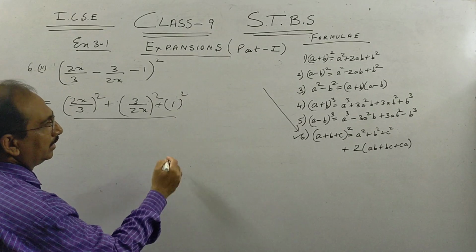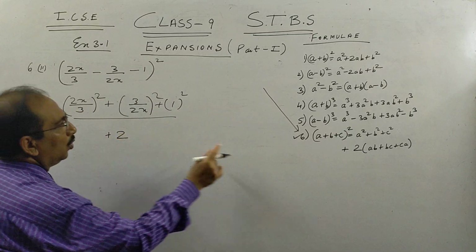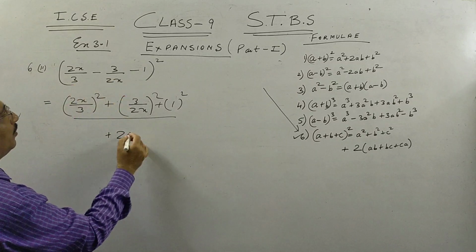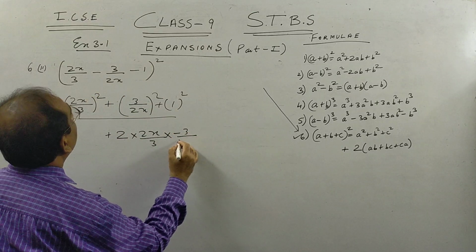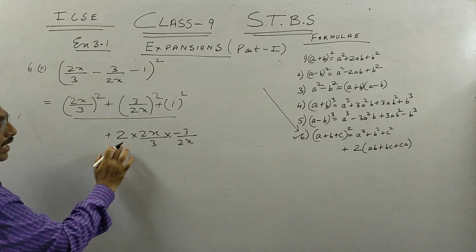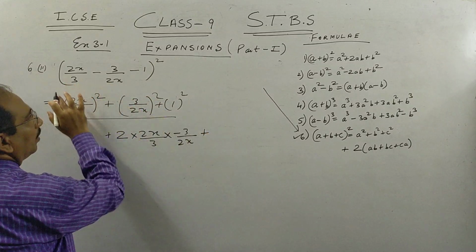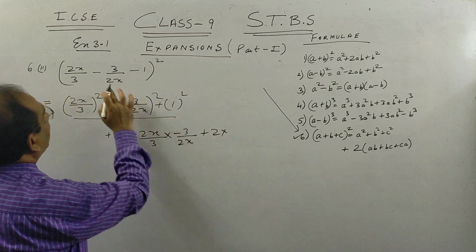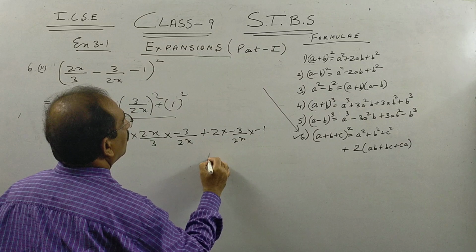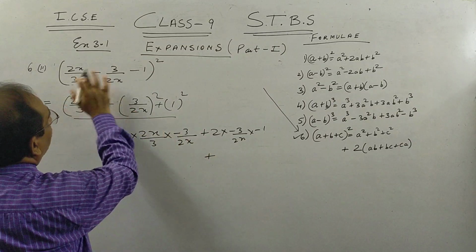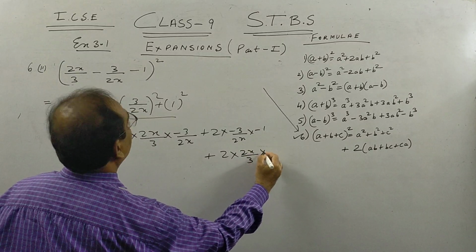Now the next important part is, you can open the bracket and see here, plus twice the product of first into second, taking care of their sign, plus twice the product of second and third, minus 3 by 2x into minus 1, plus the last one, the product of first and third, twice the product of first into third.